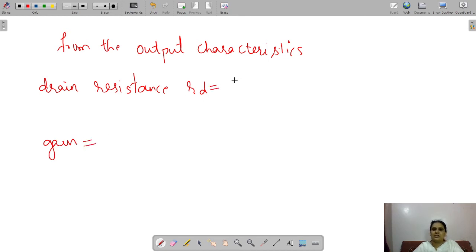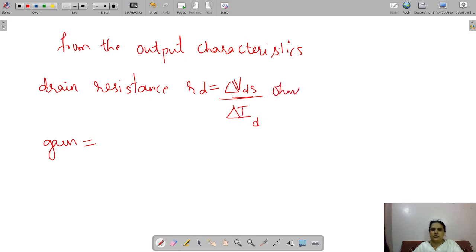Resistance, we know that it is V divided by I. So we are talking of the output resistance, therefore output voltage is VDS, output current means it is ID. So RD is given as the ratio of change in the output voltage to the change in the output current, as RD is equal to delta VDS divided by delta ID.